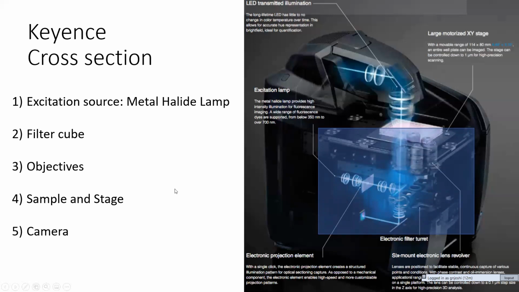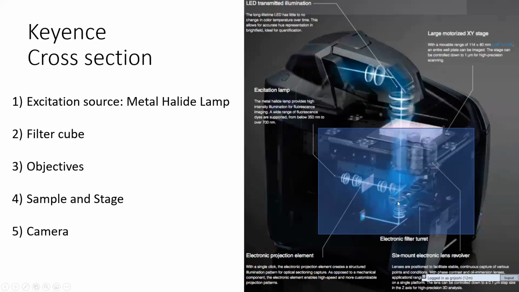Now, there are five different parts which I will be talking about extensively so that you understand what exactly is happening. And I'll tie this to the software that we are using and the options we have in the software. So the first is the excitation source. The excitation source that we have on Keyence is a metal halide lamp. Second are the filter cubes.